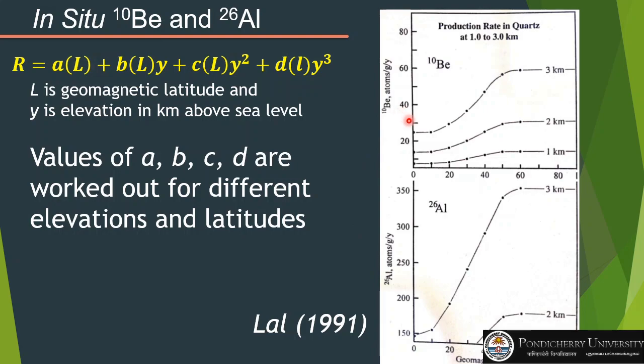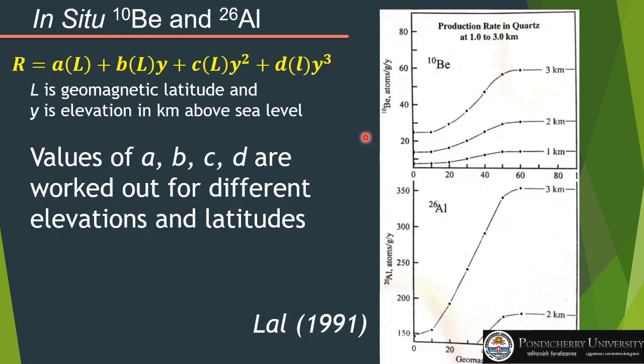So here you can see the 10 beryllium concentration is shown as atoms per gram per year. Now, before we proceed, let me tell you that most such studies which use 10 beryllium and 26 aluminum cosmogenic nuclei use quartz as a sample. Quartz has become a very good tool for such cosmogenic nuclei for a simple reason: quartz is basically silicon oxide, SiO2, as you know.